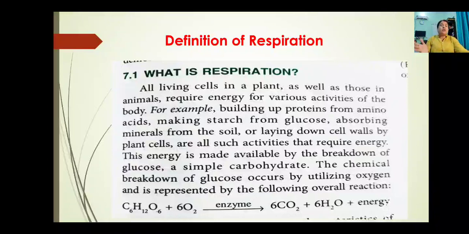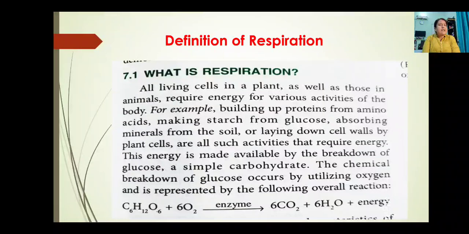We know that we all are multi-celled organisms. Our body is composed of a variety of cells, millions and millions of cells. Since we are learning about plants, let's take plants here. All living cells in a plant as well as those in animals, in both living organisms, require energy for various activities of the body.